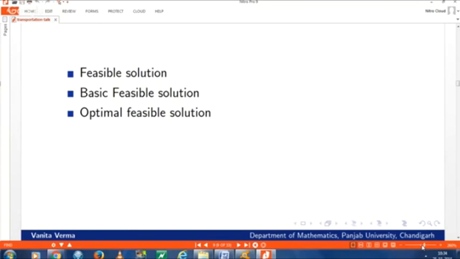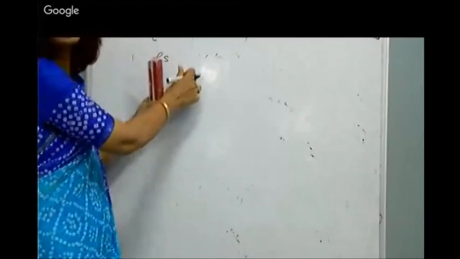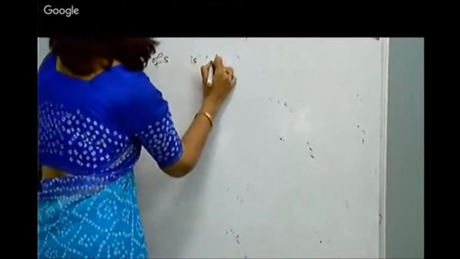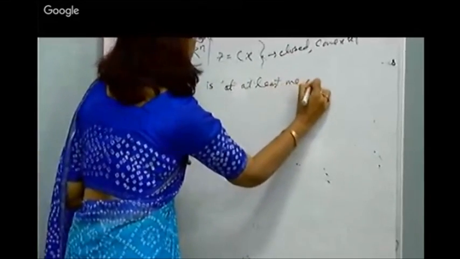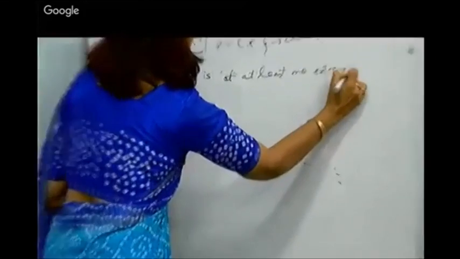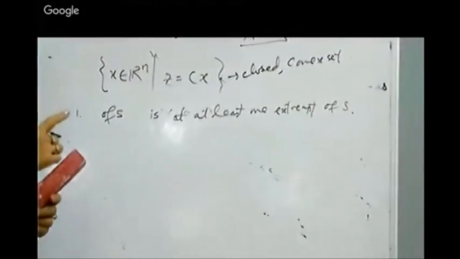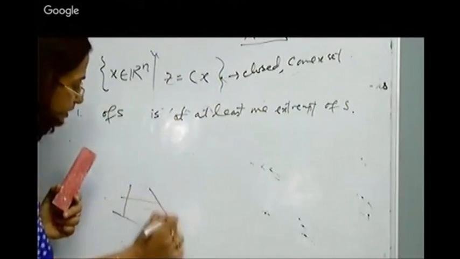Main properties. First observation, OFS, optimal feasible solution, is at least one extreme point of this. And as we can see graphically, extreme points are finite in number.